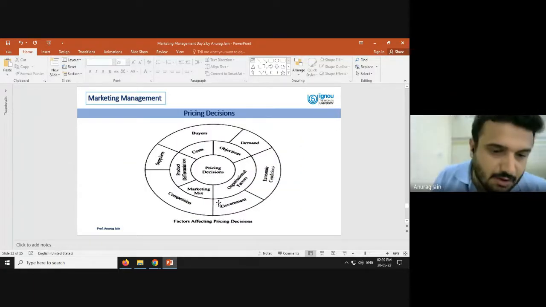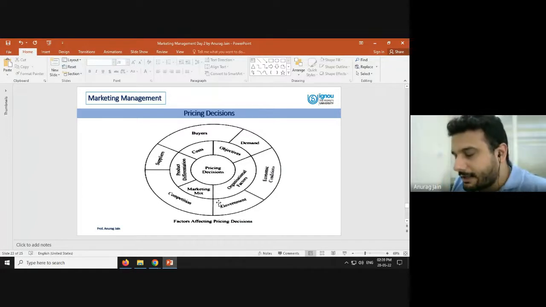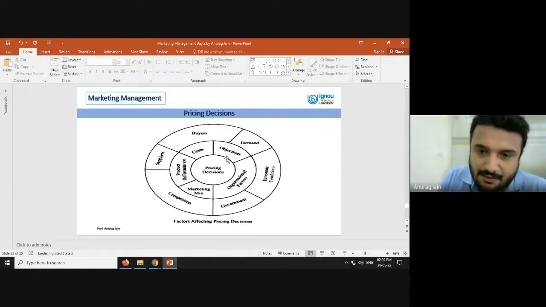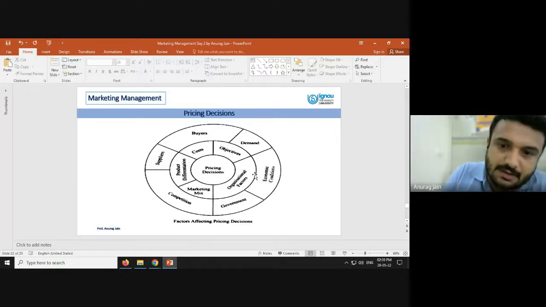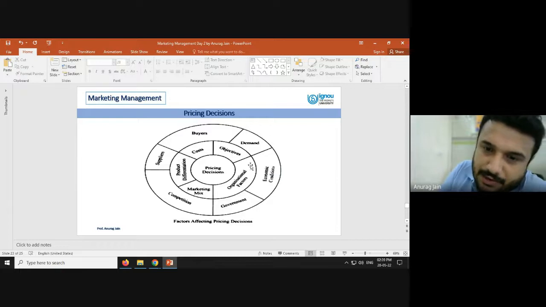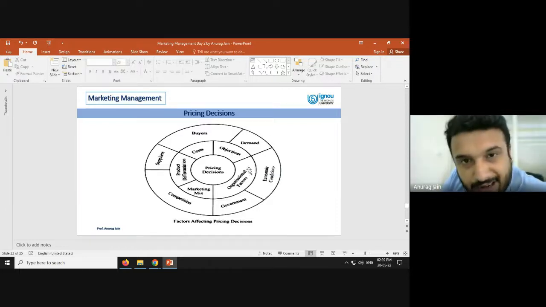Another important thing when we are taking a pricing decision is to consider some of the factors which are going to affect your pricing decisions. Again, these can be some internal factors, and others can be some external factors. The inner circle which you are seeing over here shows the internal factors which are going to affect your pricing decision.